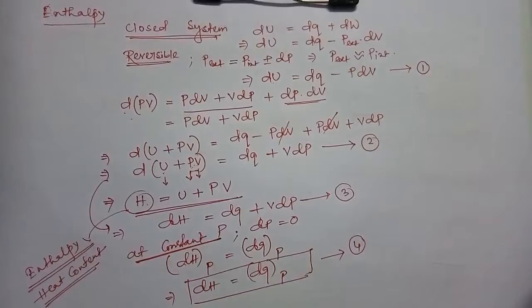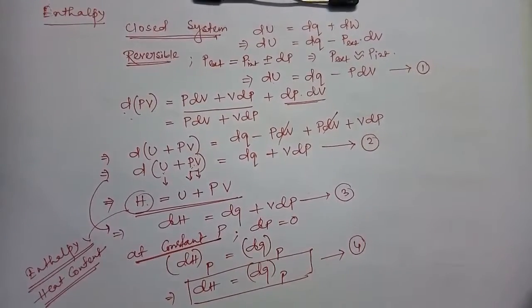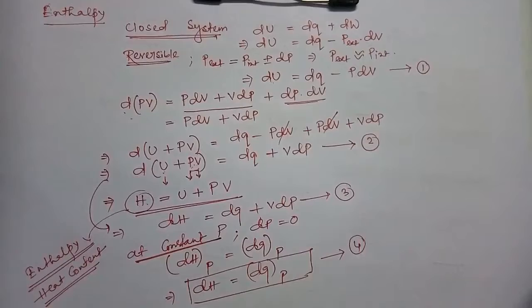I already told earlier that q, heat change, is a path function, right? So dq can never be a perfect differential, but here H, enthalpy, is a state function. That means dH is a perfect differential.